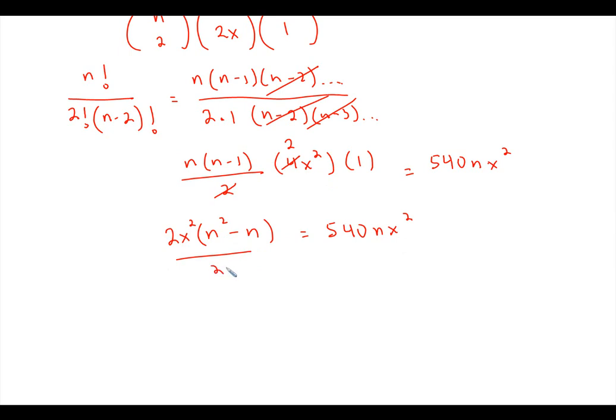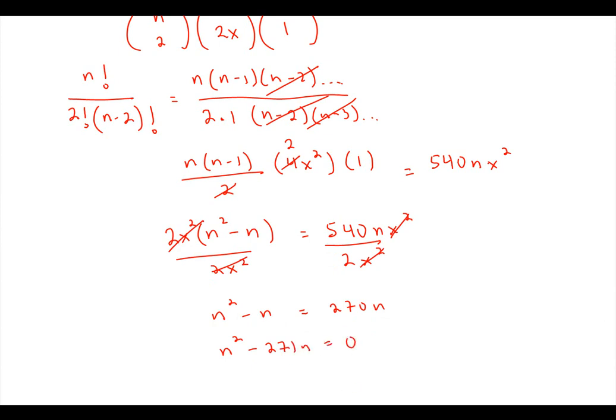If I divide by 2x squared on both sides, this would divide this out, so I would be left over with n squared minus n is equal to, I believe, 270. The x squareds divide each other out. Then you want to set it equal to 0: n squared minus 271n is equal to 0.